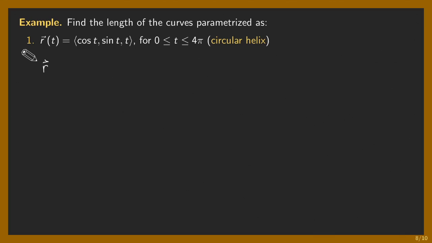How do we get the length of the circular helix? Well, first we need to get the derivative. The derivative is minus sine t. Derivative of sine t is cosine t. Derivative of t is 1.